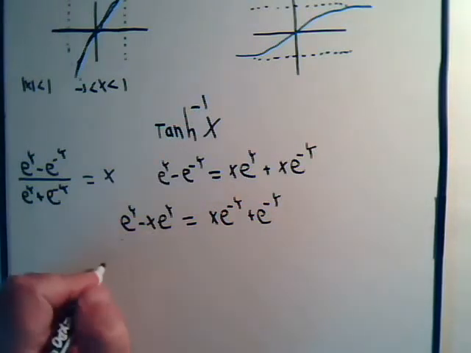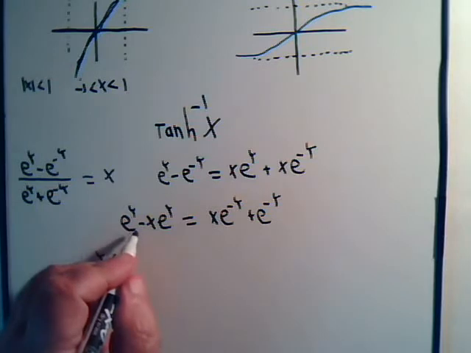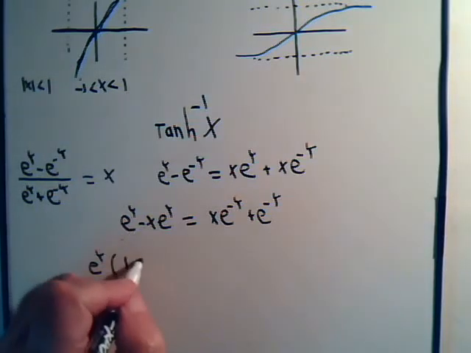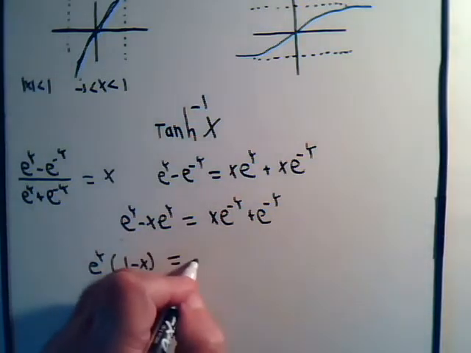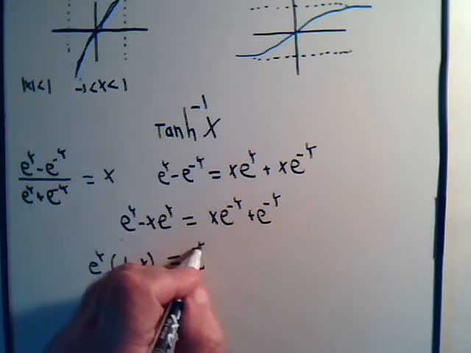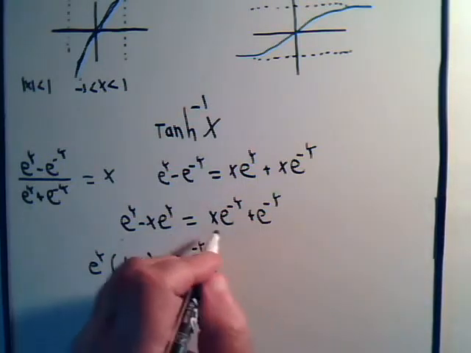And we'll factor this out, so e to the y times 1 minus x equals e to the minus y times 1 plus x.